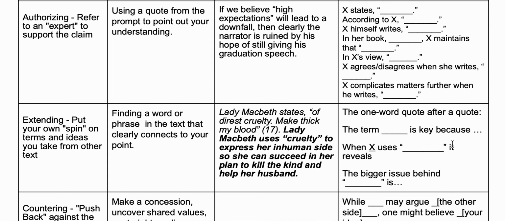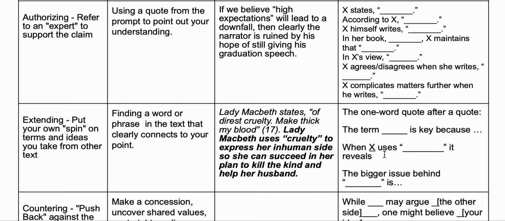Extending is when you pick one word in a quote, right? And so someone says, make thick my blood, and then you use one word from that quote to put your spin on it and give us your ideas about it. And so when you pull an especially long quote from one of our readings, sometimes that one word matters.